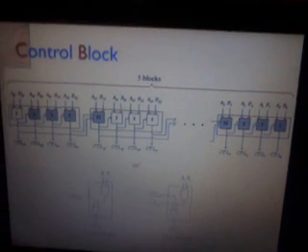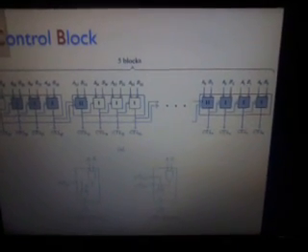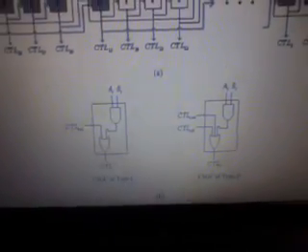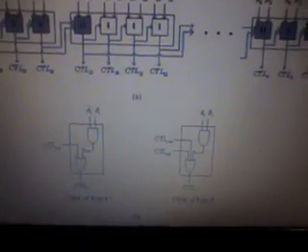Actually, what happens is that the inputs are given to the control blocks, which are divided into two types, type 1 and type 2. Type 1 consists of one AND gate and one OR gate, and the output of the next control block will be given to the previous block.